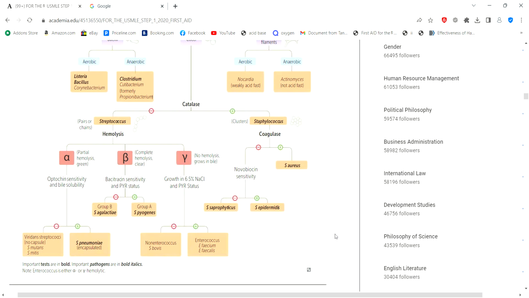Now optochin, remember we said it was an antibiotic. So if you go to Streptococcus pneumoniae, we know that it is optochin sensitive.